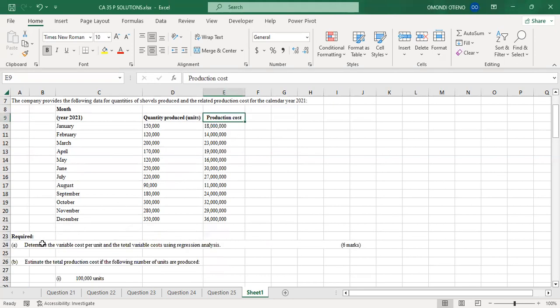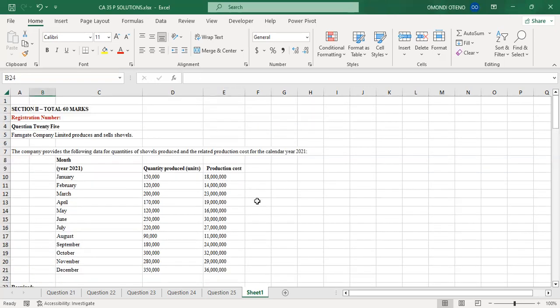So in the first part of this question, where we are told to determine the variable cost per unit and the total variable cost incurred using regression analysis, we want to use the regression method to get variable costs and fixed costs.